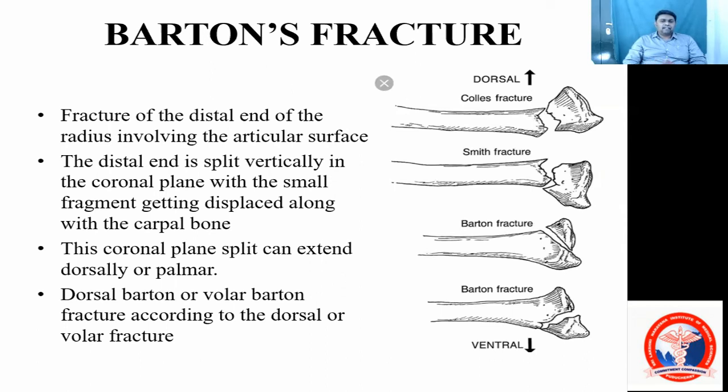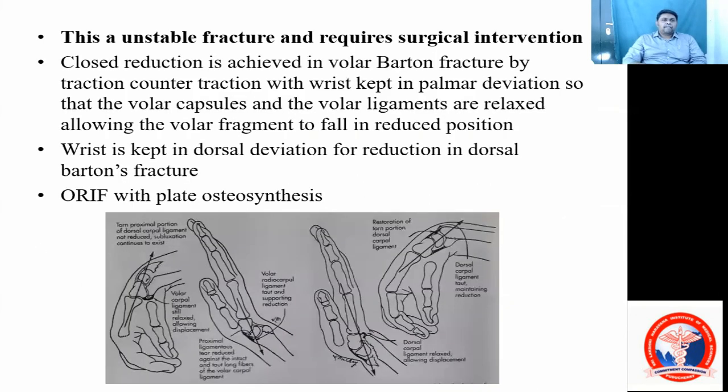Whenever the fracture line starts from the intra-articular plane coronally and exits through the volar surface of the distal radius, it is called the volar Barton fracture. This Barton fracture is a highly unstable fracture, and this requires a surgical intervention. Closed reduction can be achieved, but holding the fracture in a good reduced position is very difficult.